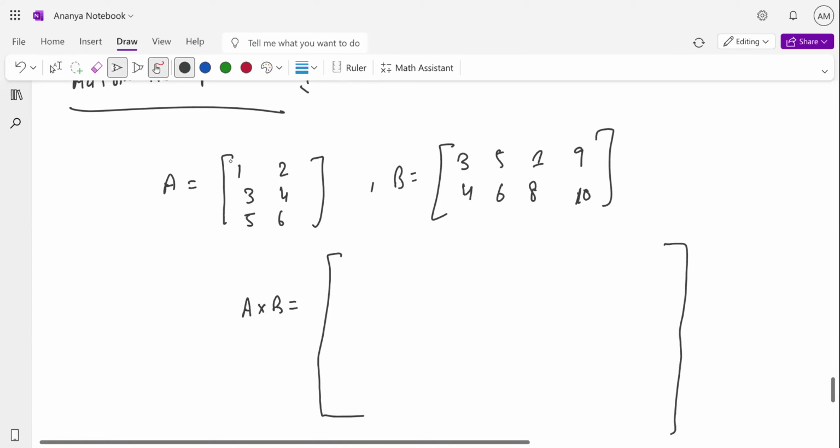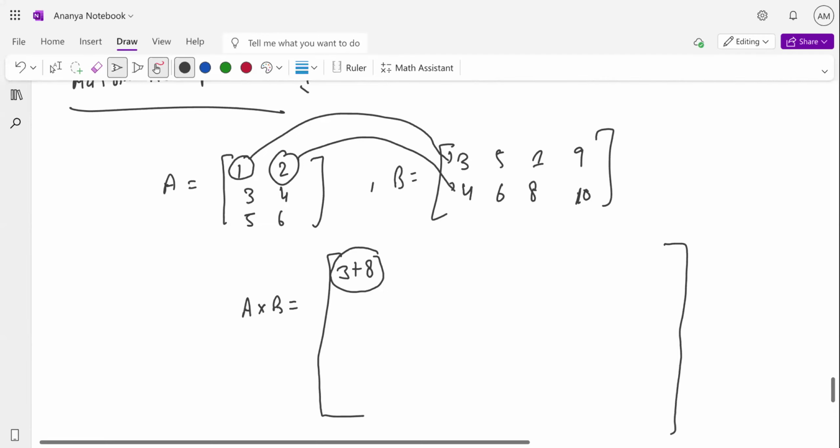So how will we start? We will take this element first and multiply it with the first one. What you got? 3. Then take this, multiply it with this. What you got? 8. Add both. This will give you one element. Is that clear? Yes, sir.